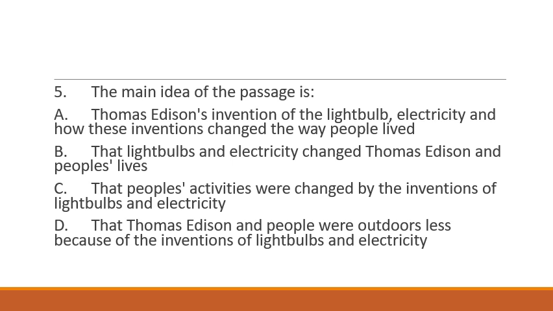That Thomas Edison and people were outdoors less because of the inventions of the light bulbs and electricity. Of course, the correct answer for the main idea of the passage is number 1, which is Thomas Edison's invention of the light bulb, electricity, and how these inventions changed the way people lived. That's question number 5.